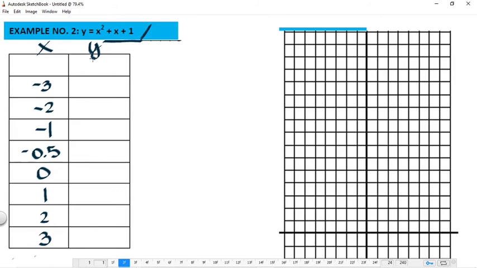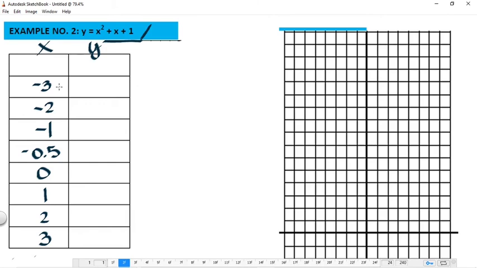I am not going to provide the solution once again here because the solutions are quite easy and you can do these solutions on your own. So I will immediately write down the answers for y, but please take time to compute these values to check if these values to be written are correct.